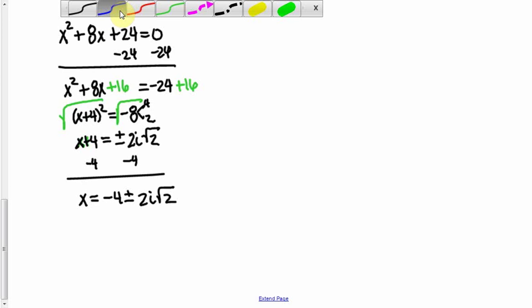Now, I do want you to understand a concept. I'm not going to use a graphing calculator to estimate solutions to an equation. We're not going to do that. That's in your book. But I do want you to make note of something.